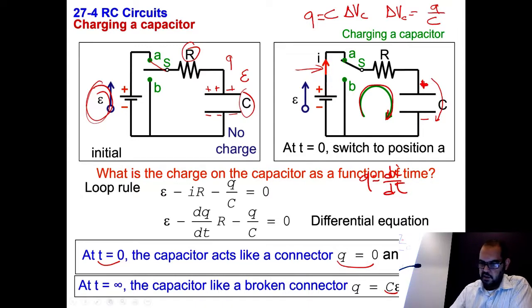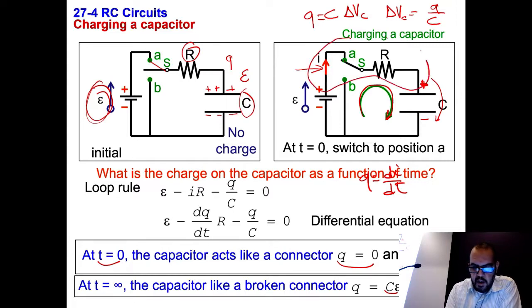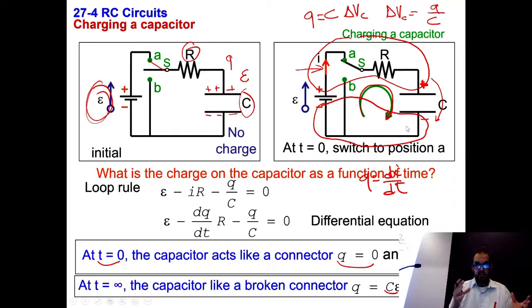The current is 0. All of the current is flowing in this part of the circuit, and in this part of the circuit. They are not flowing through the capacitor. Remember, a capacitor has a dielectric material, an insulating material. It's a redistribution of charges, but really there is no flow of charges in the capacitor. Remember that.